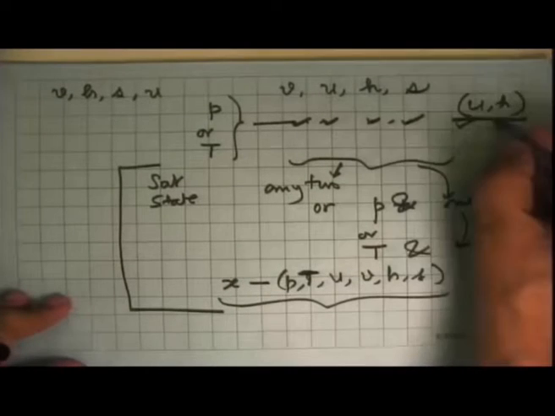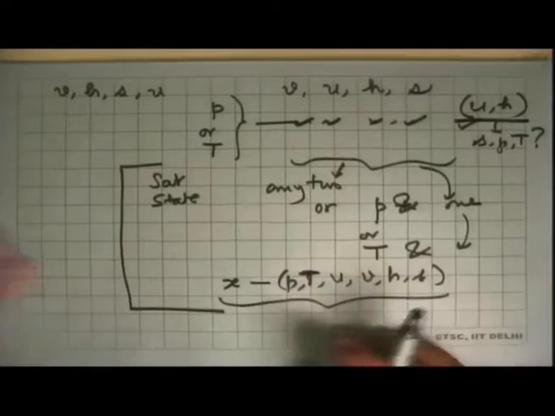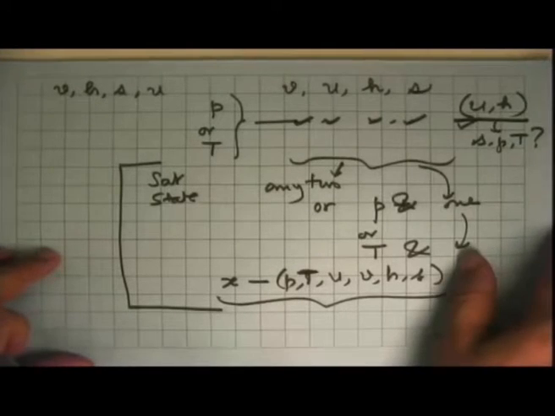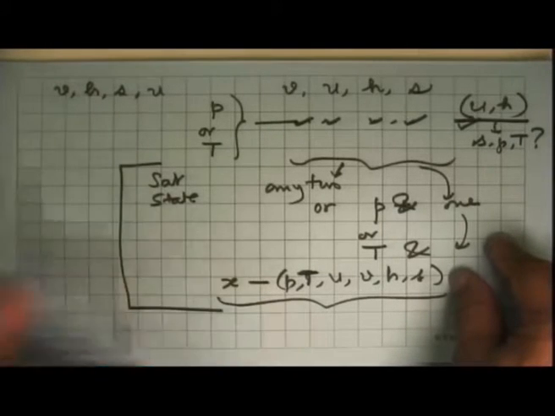The only trick is, how do I get S, P, and T? And this is a little more tricky. A good software package makes it no issue at all. You just put in these numbers and it will tell you what it is. Okay, so that will give us the complete details about states of all these vapor, liquid, and mixtures.